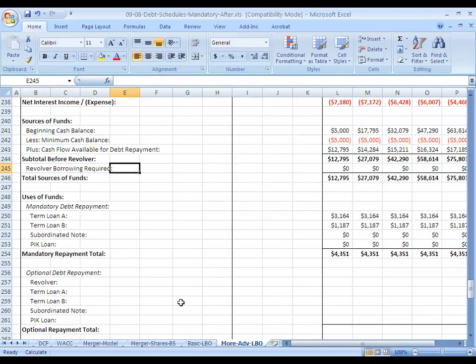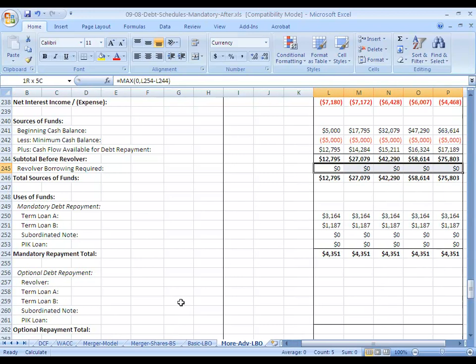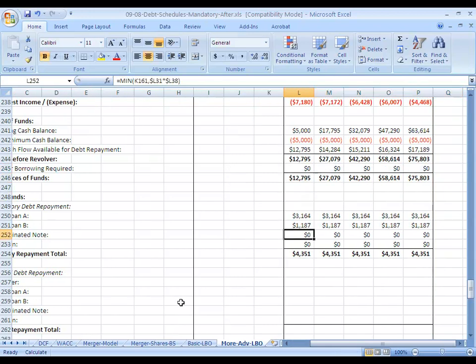We can see that even when we go in and adjust the balance sheet, we're still going to have an undrawn revolver because if anything, our mandatory debt repayments here are going to go down over time. So no matter what happens here, our revolver is going to remain undrawn. The only exception would be if our principal repayment total went up, so if we had 20% and 10%, for example, or even higher numbers than that, then we might have to actually draw on our revolver here. But in most normal scenarios, it's going to remain undrawn for this type of LBO model.